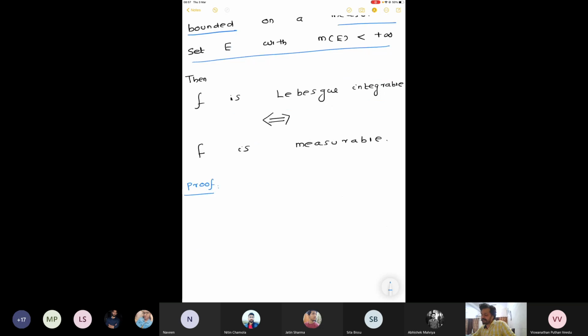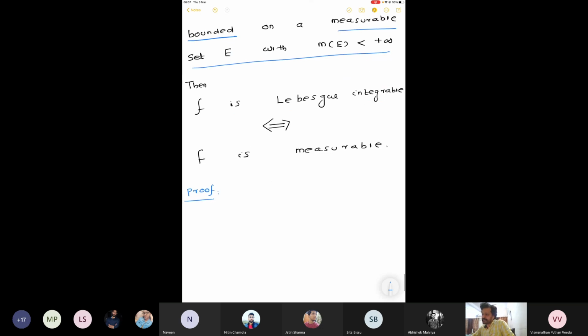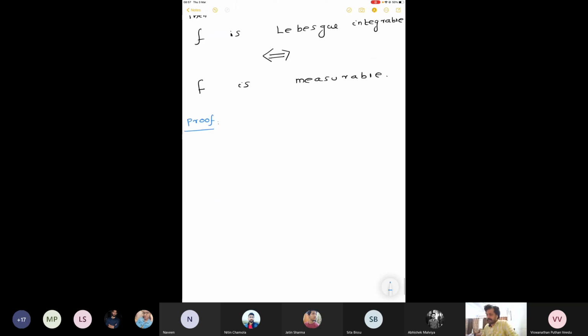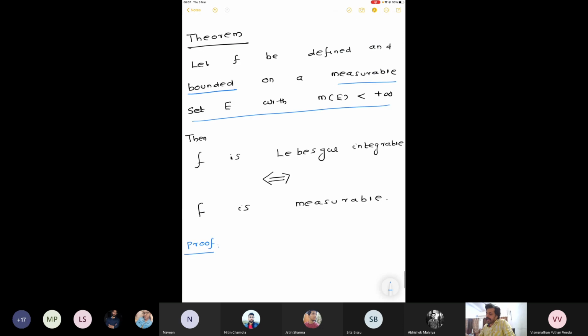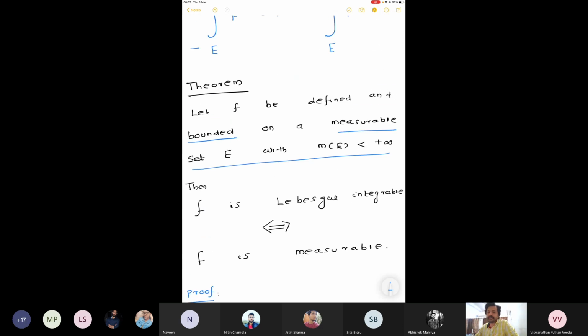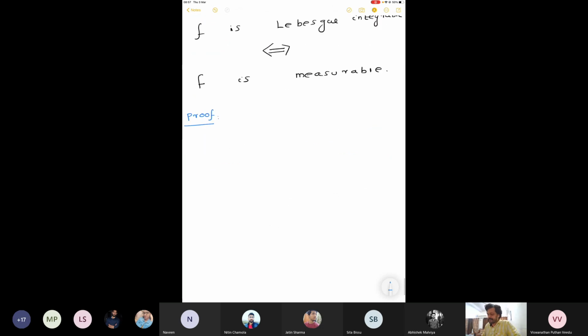So it is a necessary and sufficient condition. Let me start with the fact that f is measurable and prove that it is Lebesgue integrable. Okay. And the blanket assumption is that it is a bounded function defined on a measurable set with finite measure.